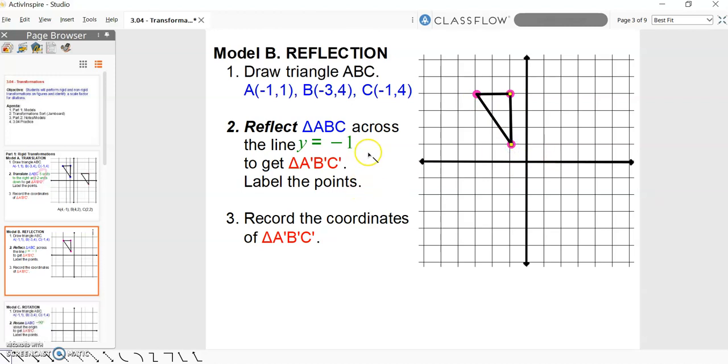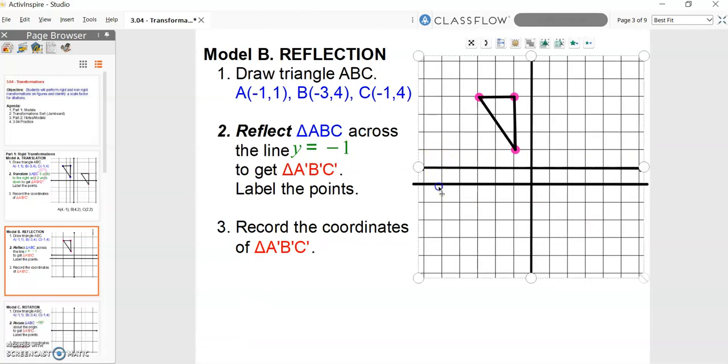All right, reflect our triangle across y equals -1. It'll be helpful with a different color. Okay, so y equals -1 is that line.